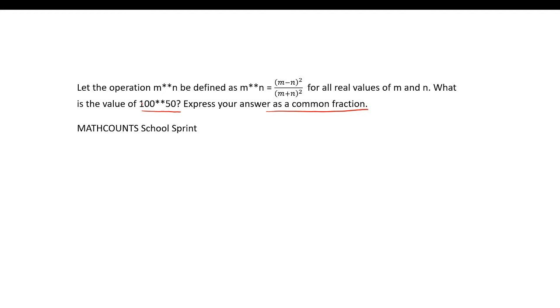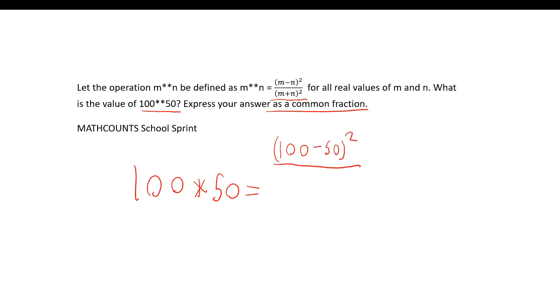So we plug in the values for the output result, which is m minus n squared, 100 minus 50 squared divided by 100 plus 50, squared.